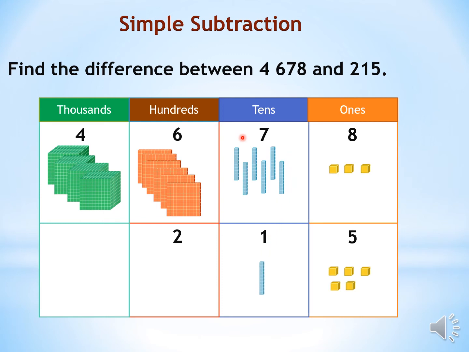How many remain? 1, 2, 3, 4, 5, 6. Yes, 6 tens remain. Now, from 600s, we can subtract two hundreds. Now we can see there are 1, 2, 3, 4 hundreds remain.